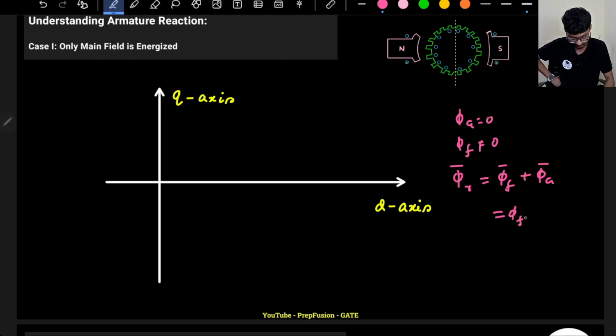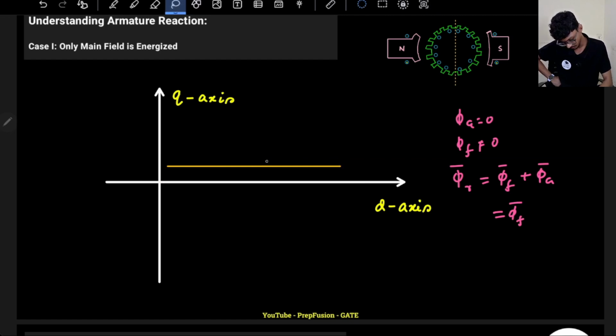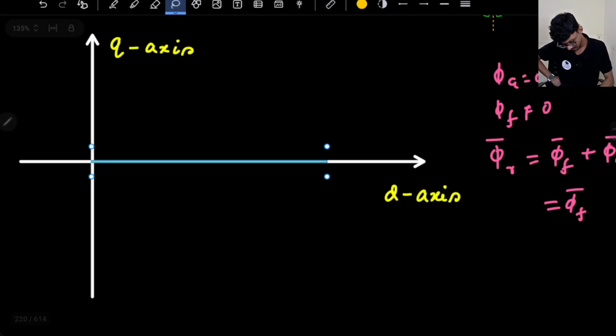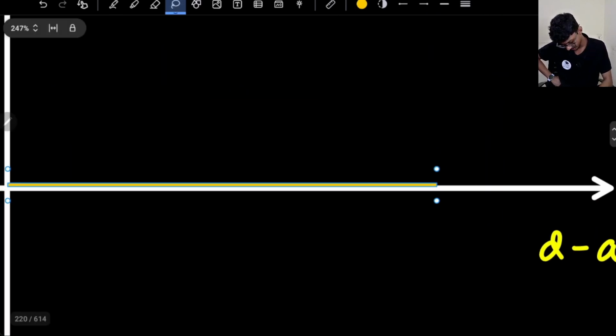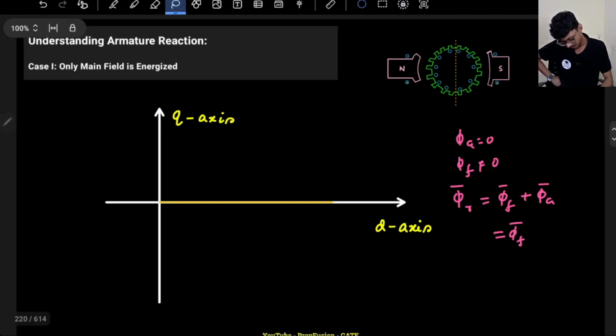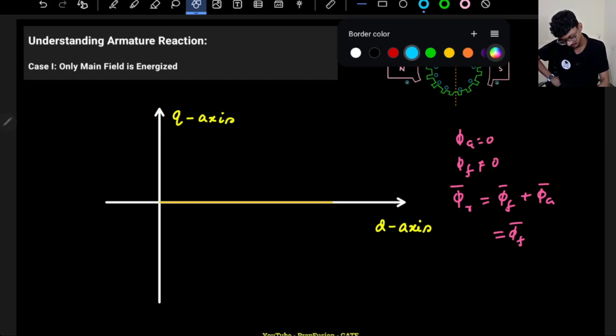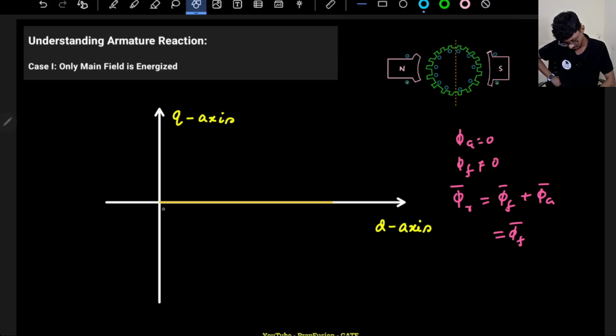And what is the direction of the field flux? Along the d axis. This time the field flux is along this direction. This is my phi f. Let me keep it here just to signify that it is on the d axis. And the resultant flux will also be in this direction, the same direction.